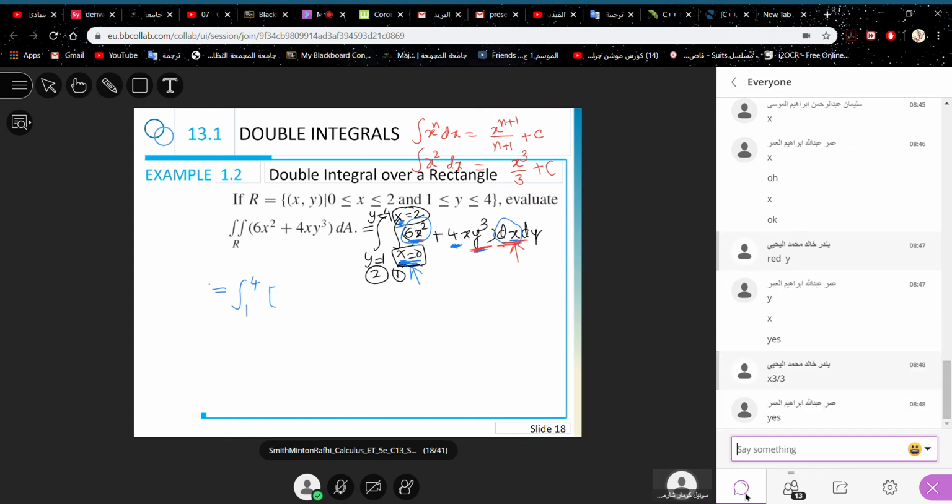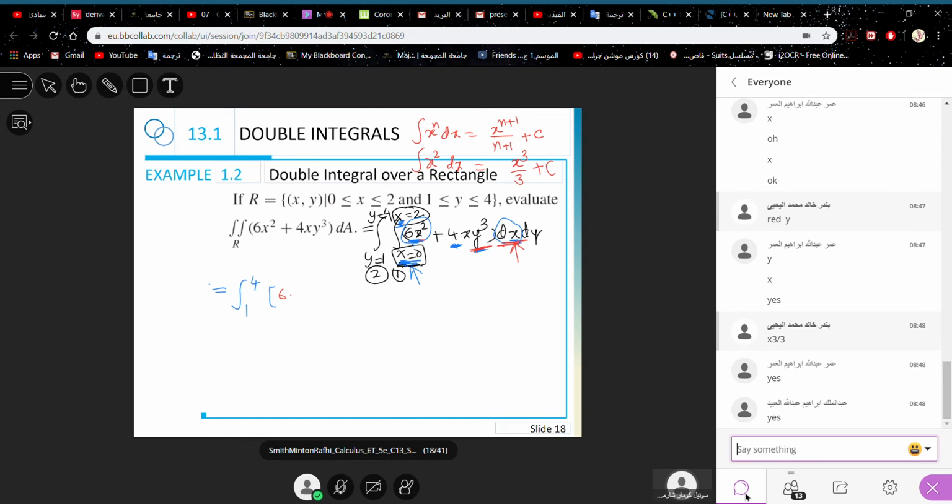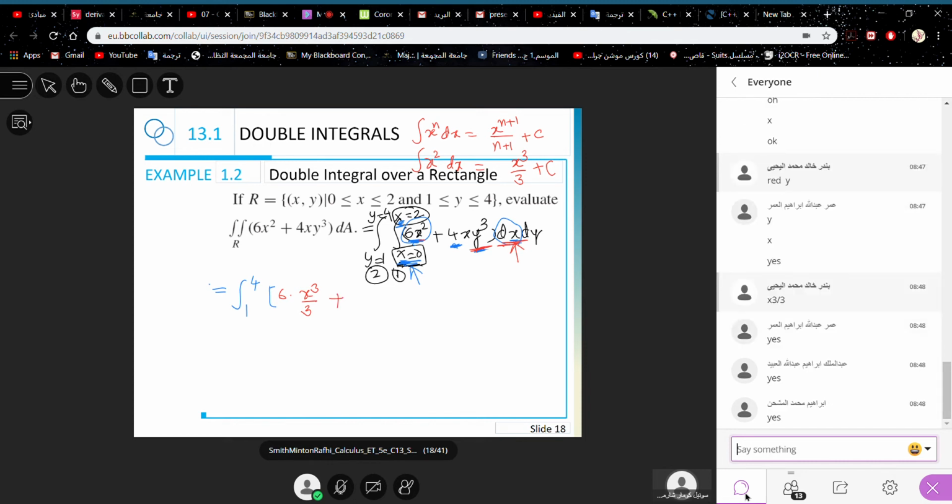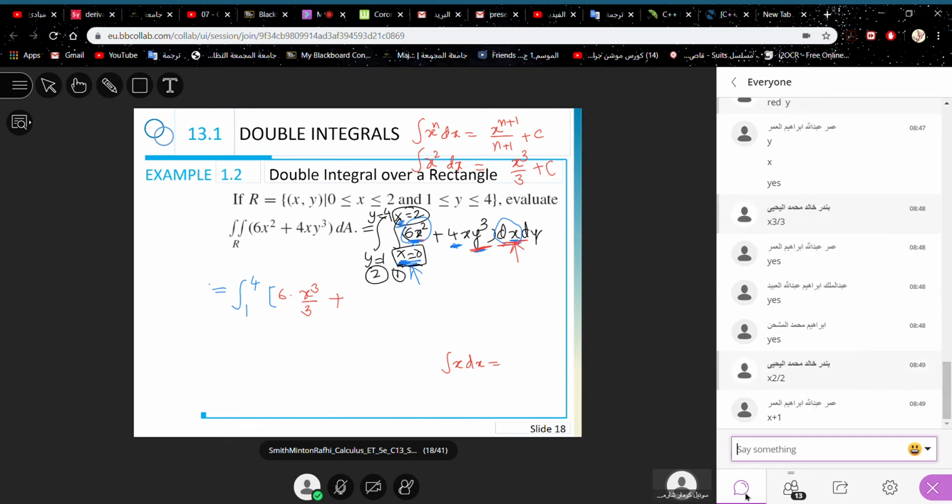So the integration of this is 6 into x cube upon 3 plus, what is the integration of x? x square upon 2.